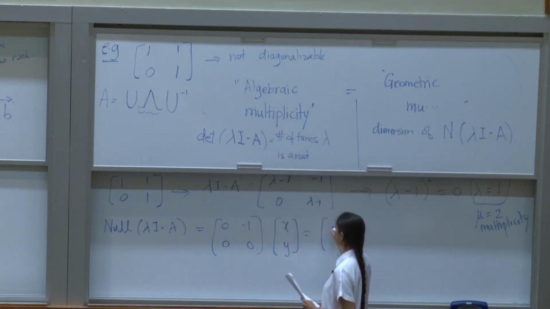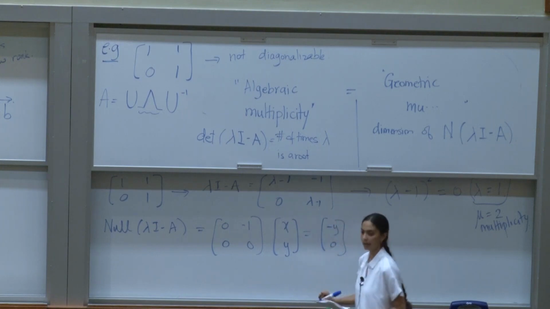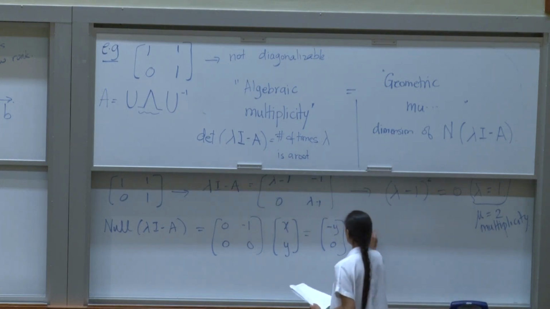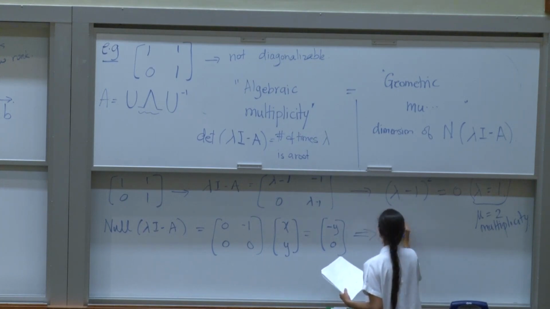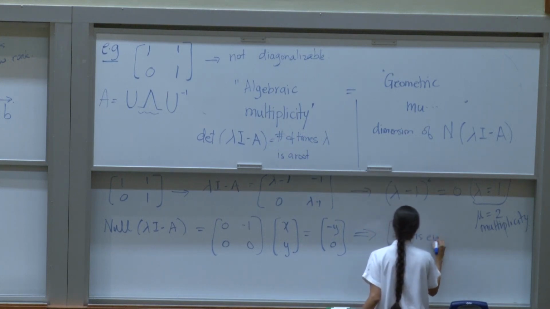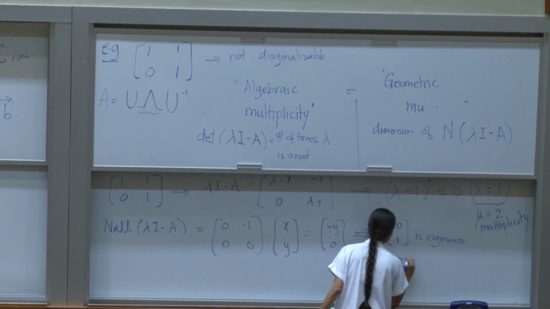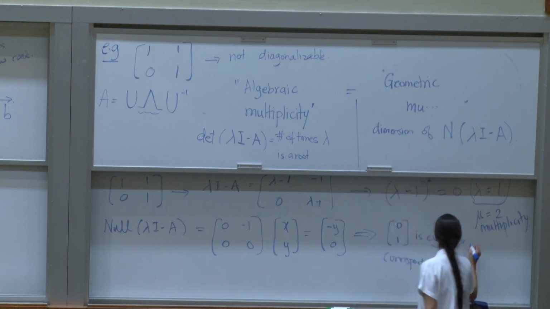If I have this times some x, y, what is this multiplication equal to? Sorry. This will be negative y, 0, right? Which means that basically everything of the form 0, 1, all multiplied, this is an eigenvector corresponding to lambda equal to 0.